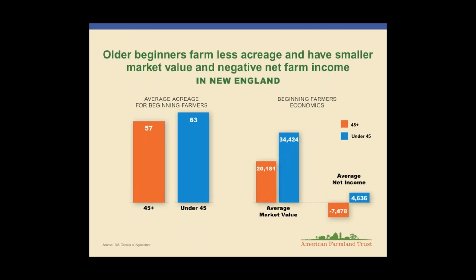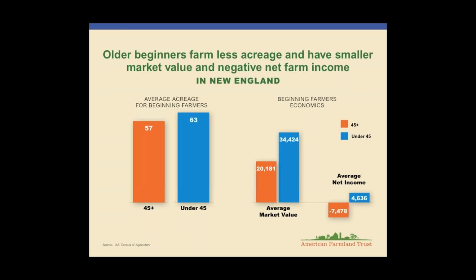In New England, it's a smaller difference between the under 45 and the 45 and olders in terms of how much acreage. And in fact, in some of the New England states, it's the older farmers who are farming more land than the younger beginning farmers.